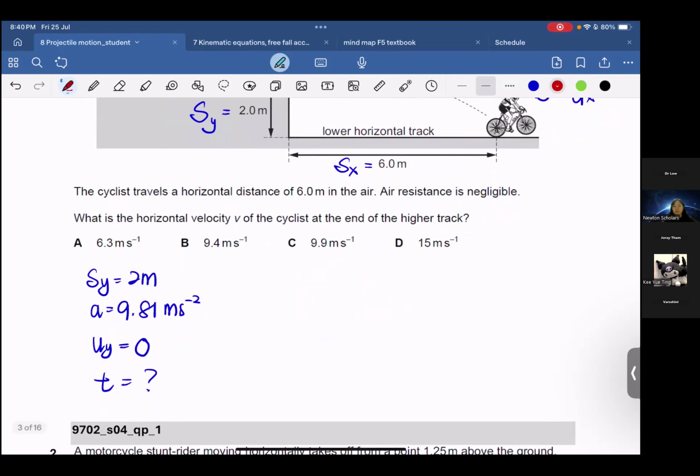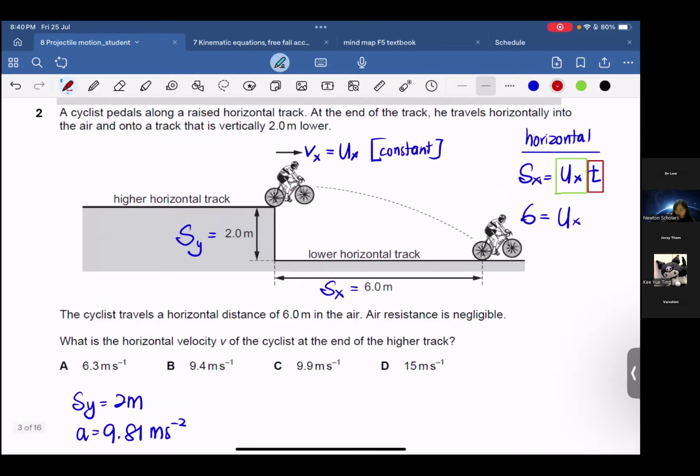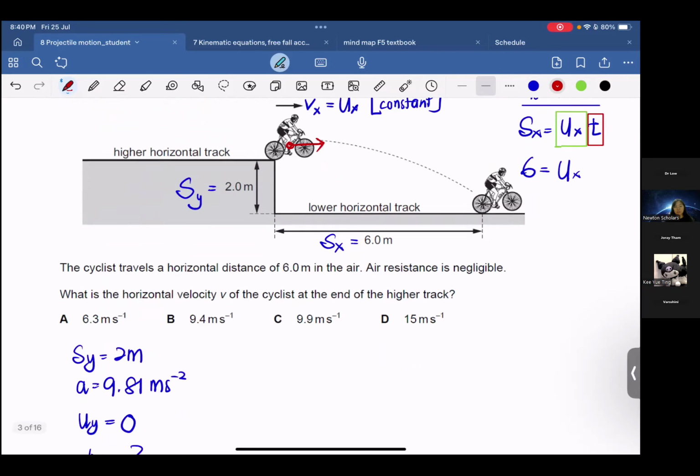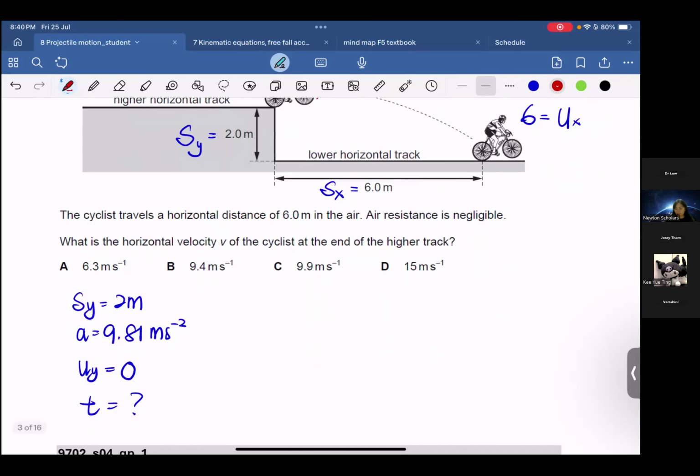So I list down the physical quantities that we can get from the vertical part. So Sy is 2 meter, a is 9.81. This one we have to know, okay? Because vertical is affected by gravity. At the start, there is only a horizontal component, no vertical component. So Uy is 0. T, what is the t?